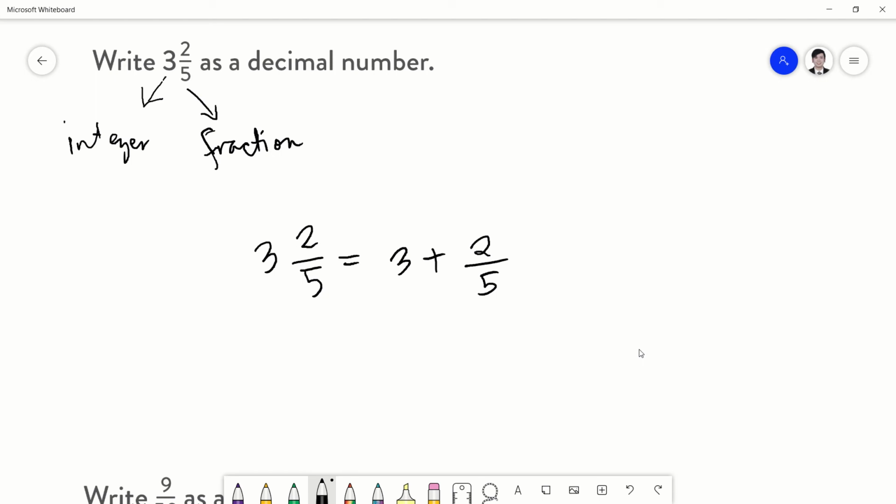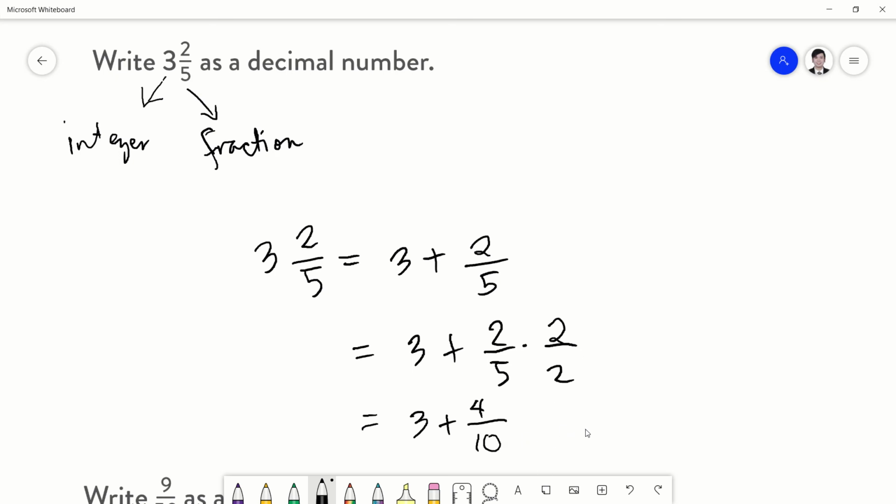We need to multiply 2 in the numerator and 2 in the denominator. Because what will happen? If you multiply 2 in the numerator, that would be 4. And 5 times 2 in the denominator would give you 10.